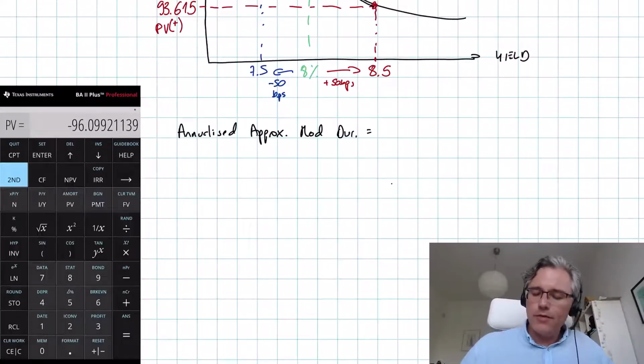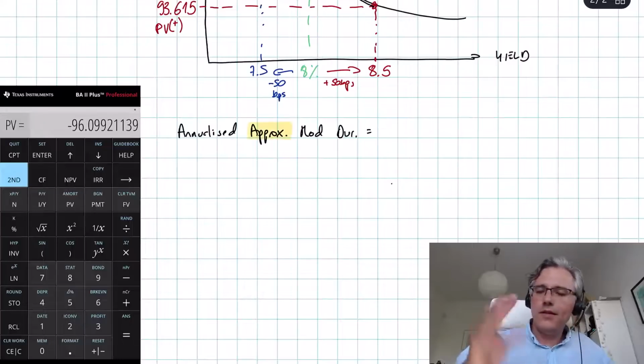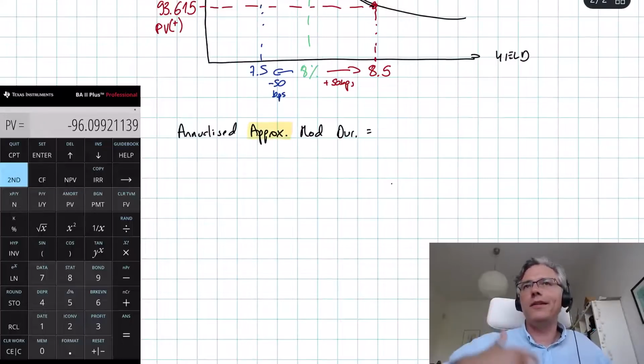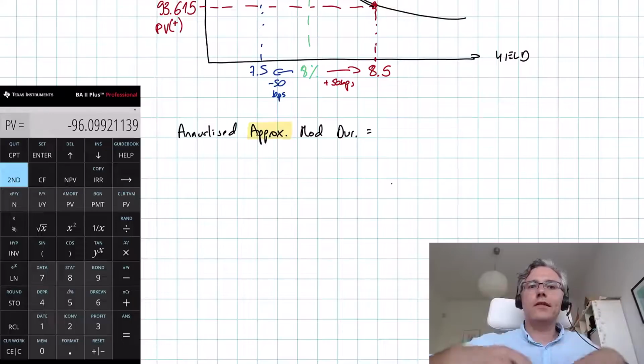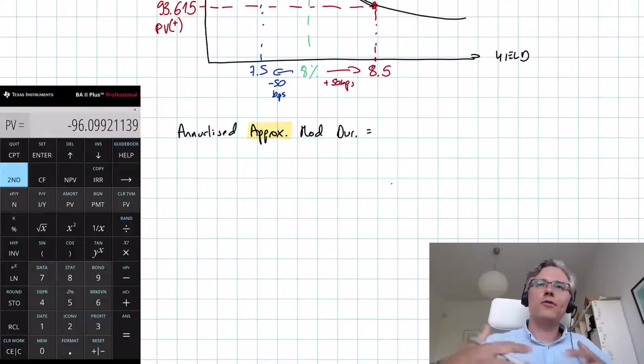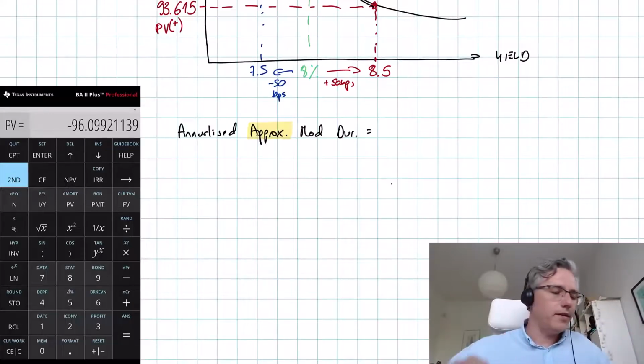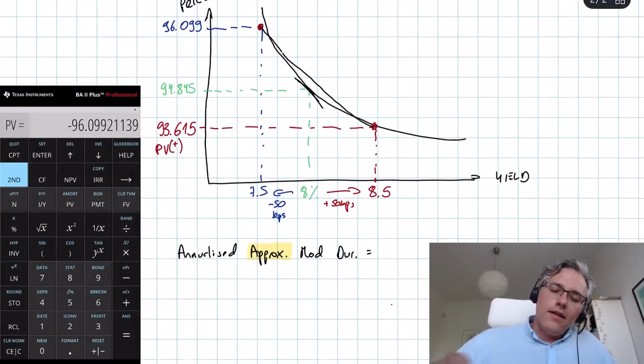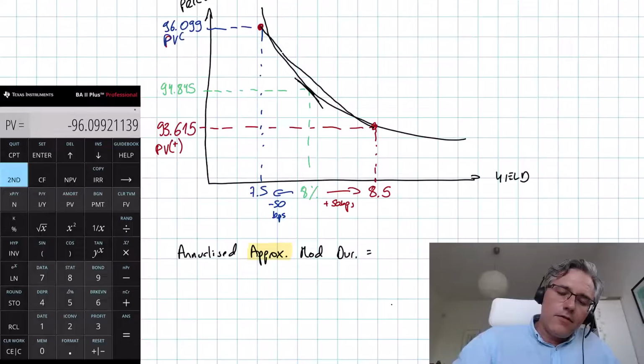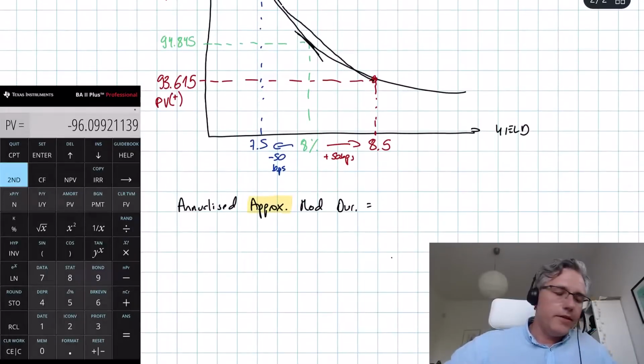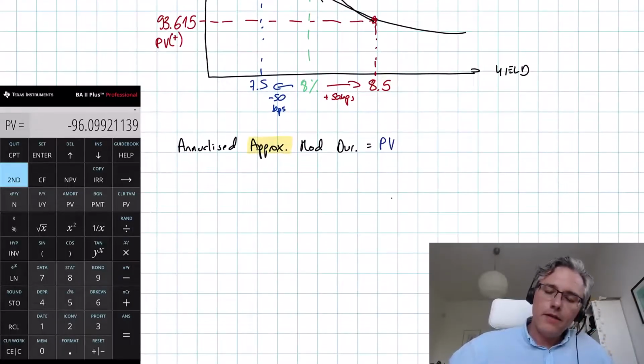The fact that it's approximate means it was computed using this way rather than the classic approach of computing weights, weighing each time to receipt by the relevant weight, etc. This is the price of the bond when yields went down, so PV with a little index minus, PV minus, minus PV plus, the scenario where yields were assumed to go up.